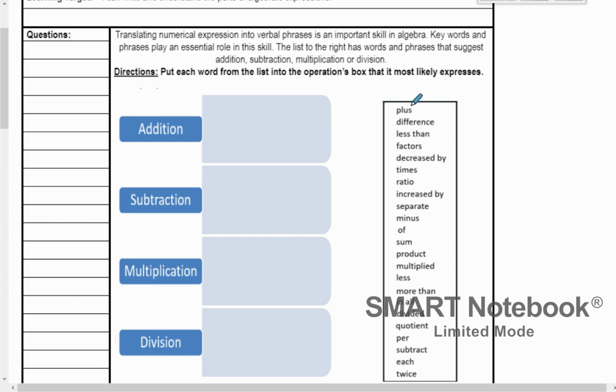So plus. When we see the word plus, plus means addition, so plus should be in our addition box. Difference, the difference between two numbers is subtraction. Less than, okay, so 5 less than 10, again, is going to be subtraction.